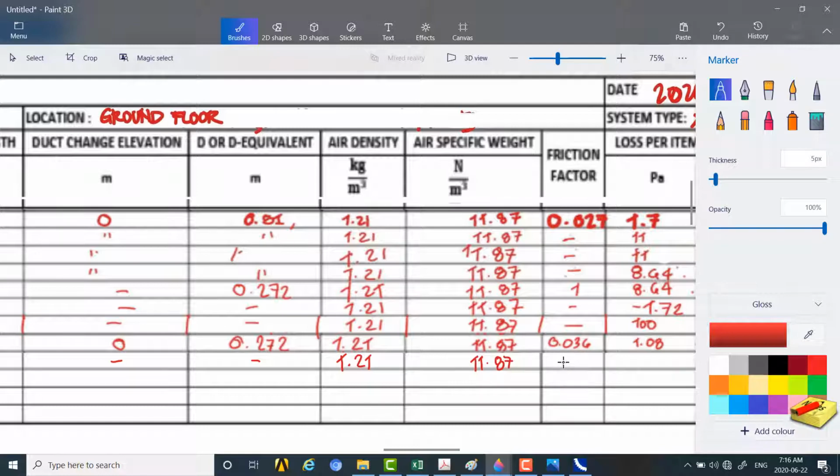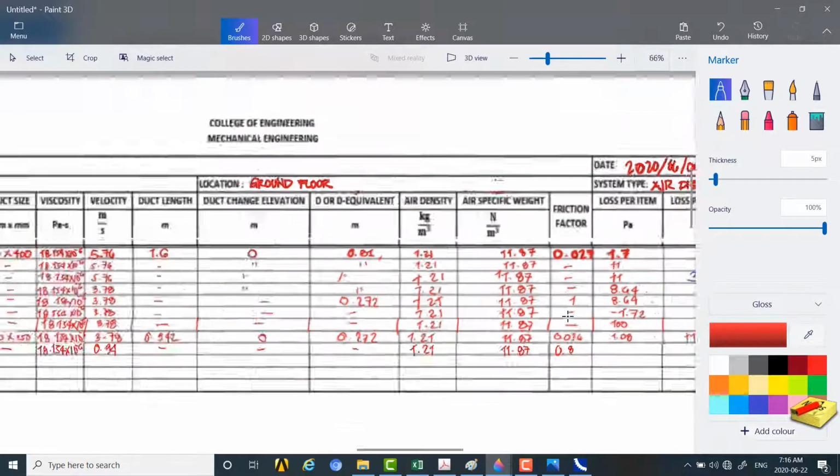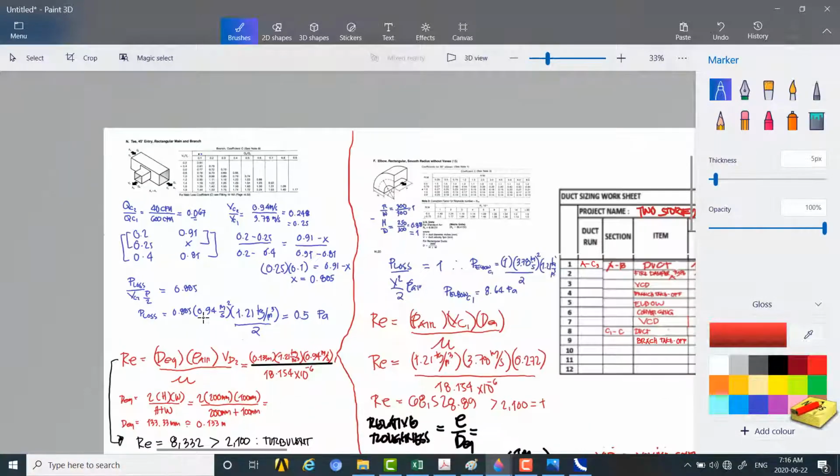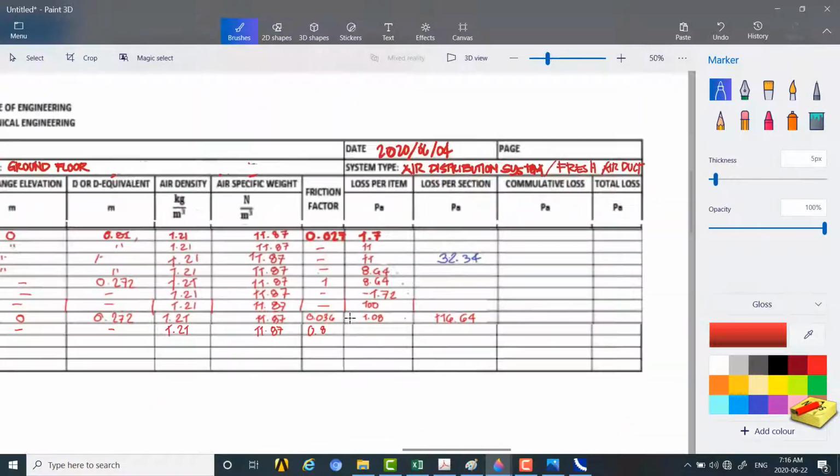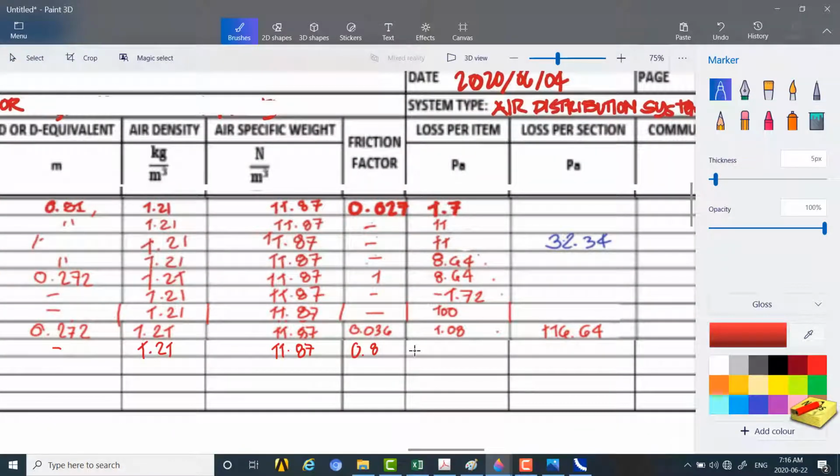Then your friction factor, what we have gotten is 0.885, I can input that one, friction factor or coefficient. Okay, then we have the loss of 0.5 Pascal.